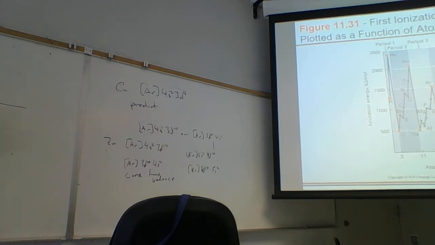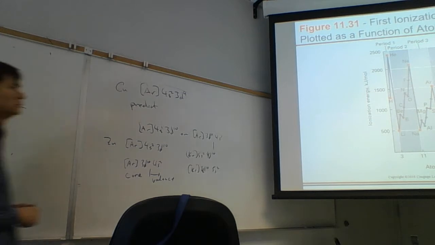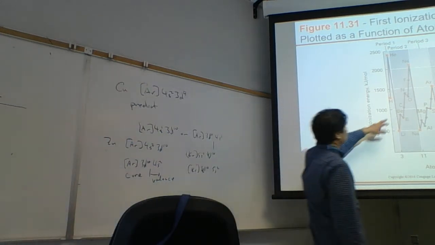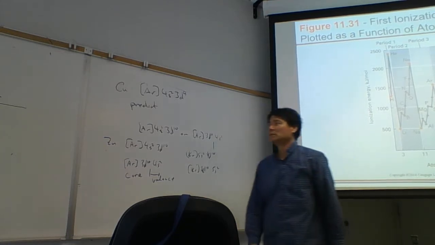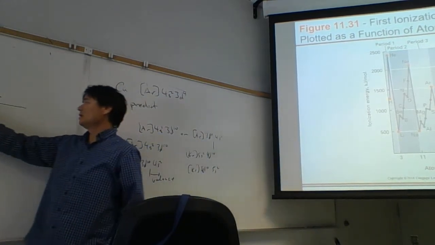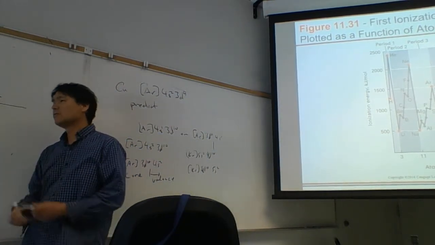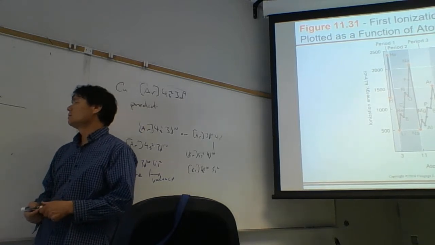Nitrogen's like this. This is the 2p. And if I'm going to oxidize nitrogen, at least one electron, it's going to cost me this many kilojoules. That means I'm going to take one of these 2p electrons. This is for nitrogen.